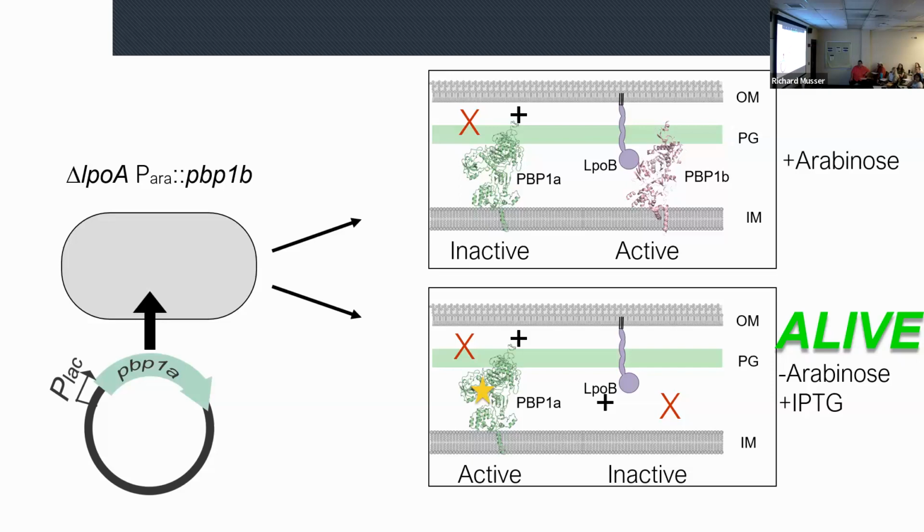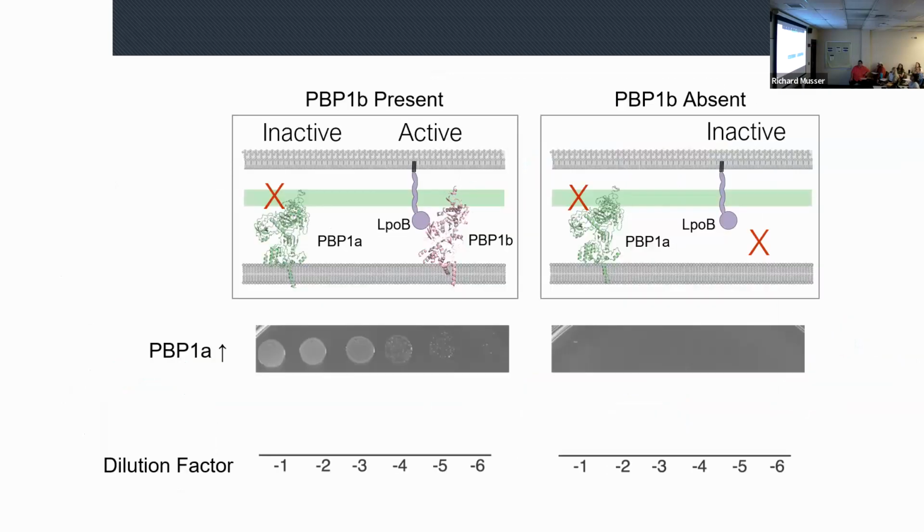To give you an idea of what this looks like, if I take this strain and express wild type or normal PBP1A, you can see here that the cells are alive when PBP1B is present.